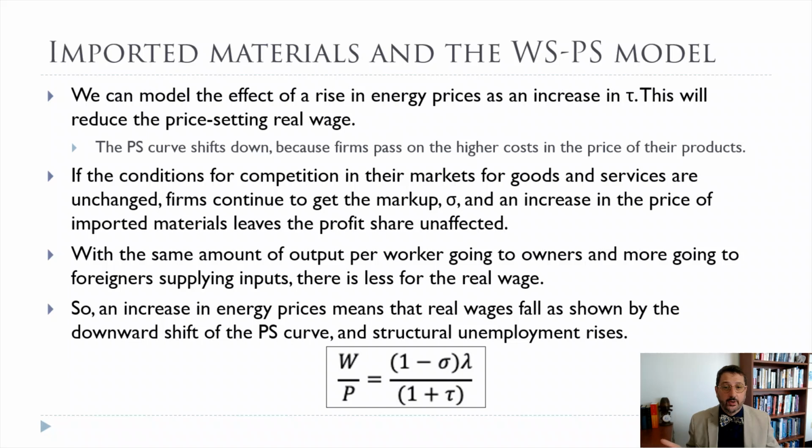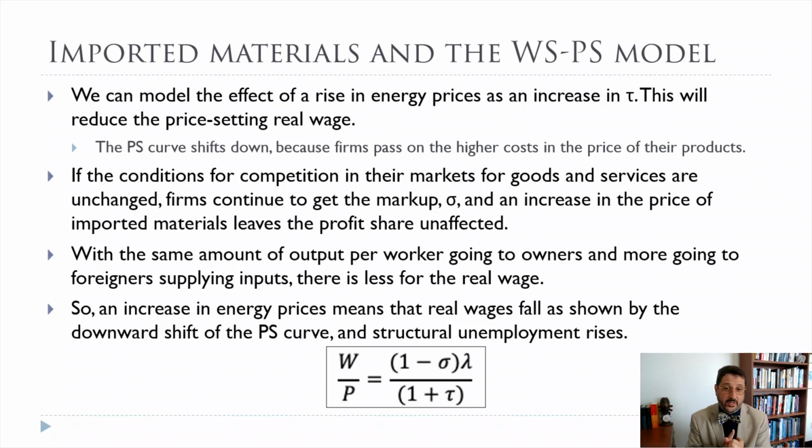Now we can also think about this in terms of imported materials or any sort of increase in the price of inputs. The example they're talking about here is energy, right? Which we can model as an increase in taxes. But it's not only energy, right?